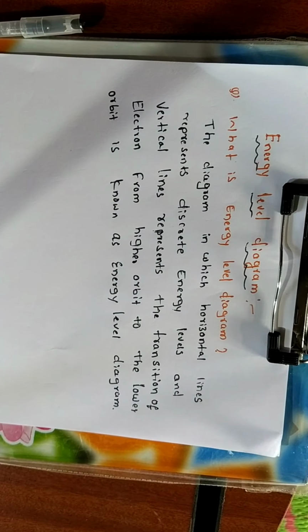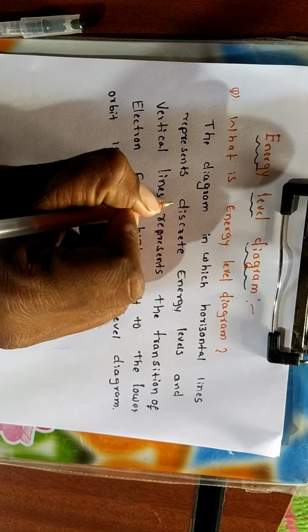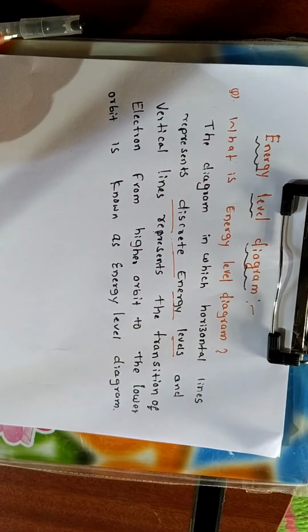Here horizontal lines represent the discrete energy levels, the number of energy levels.